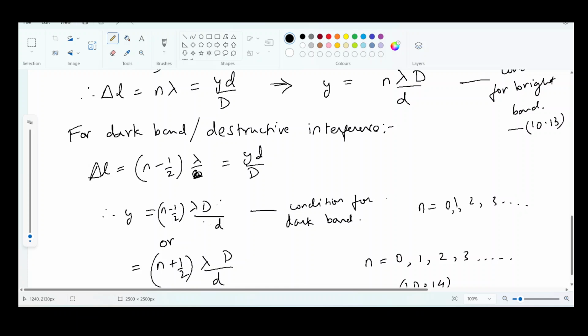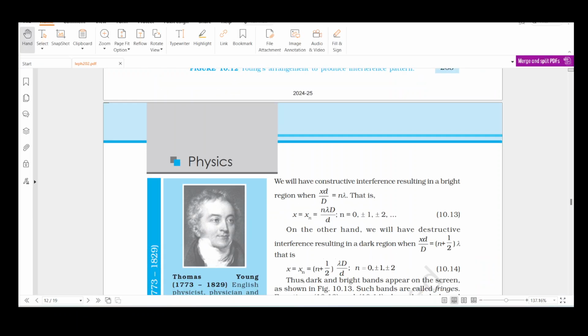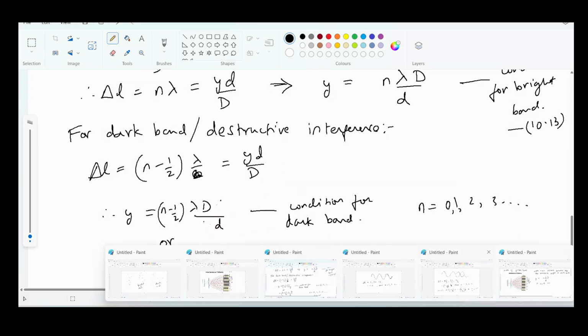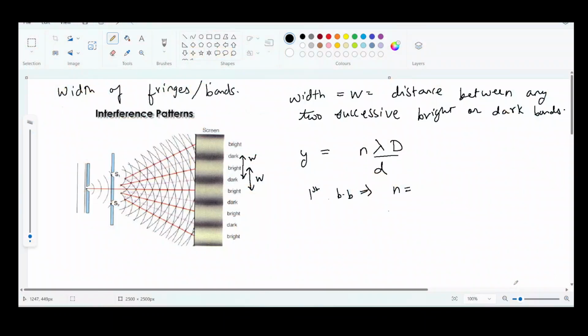Then the next allowable path difference is lambda. So 0 is also a possibility. If the path difference is 0, you still get a bright band. So 0 is also included. So the first bright band that you get is for n is equal to 0. That gives me y is equal to 0. So at exactly this spot, I get a bright band. This is y is equal to 0.